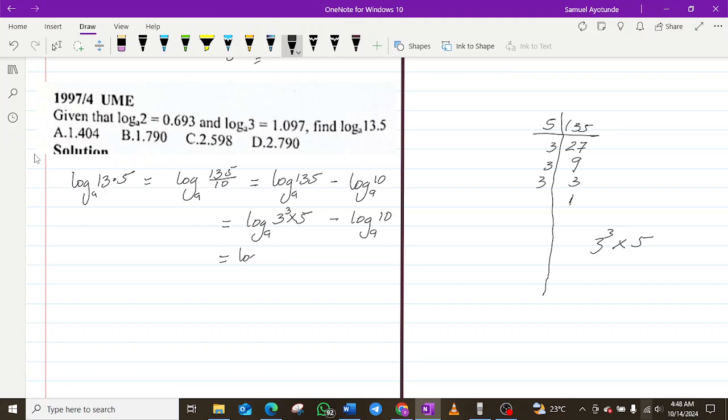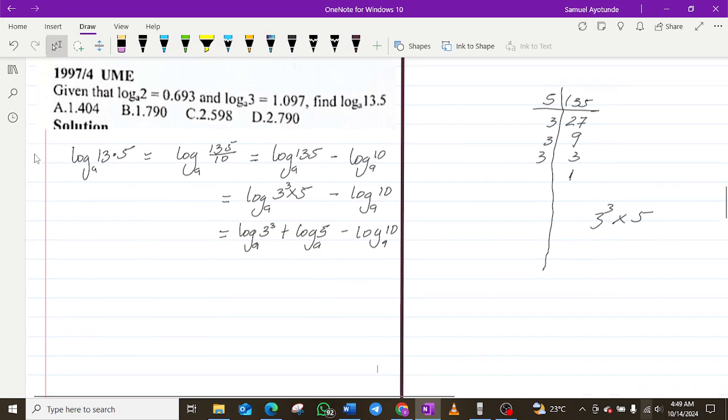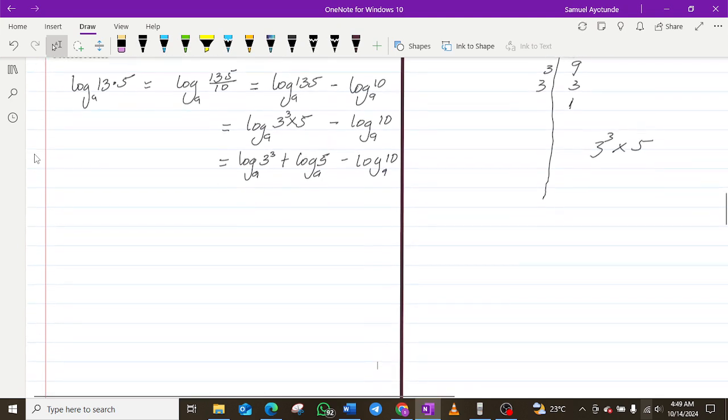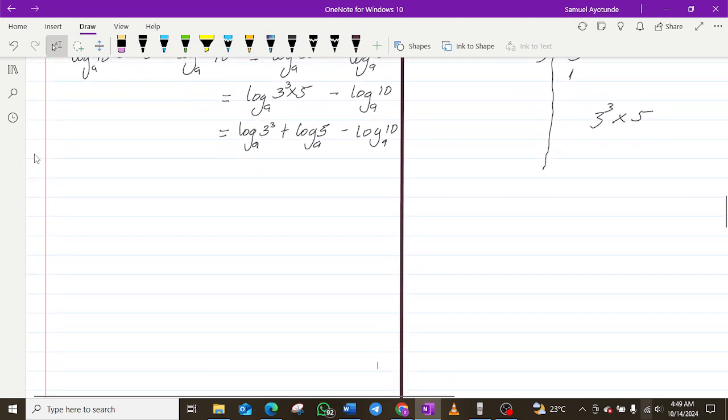So we have log 3 raised to power 3 base a plus log 5 base a minus log 10 base a. Since we were not given any number to use to replace log 5, we can go forward thus.